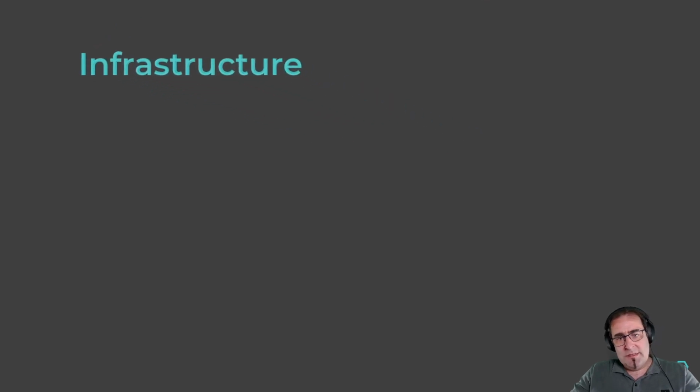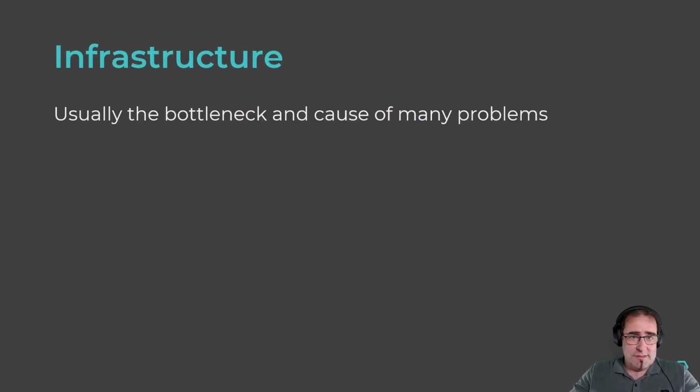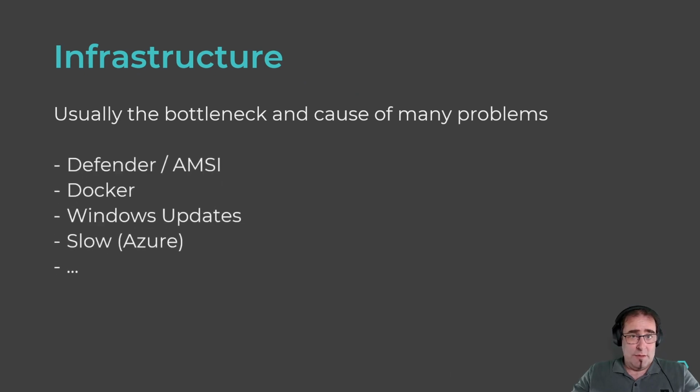What we see a lot in workshops is that this is the bottleneck and the cause of many problems, simply because there is a lot of loose ends. There is this virus scanner that sometimes is not that friendly towards PowerShell scripts. There is Docker, there's Windows updates, and so on. And I see a lot of people running them in Azure, which is slow.